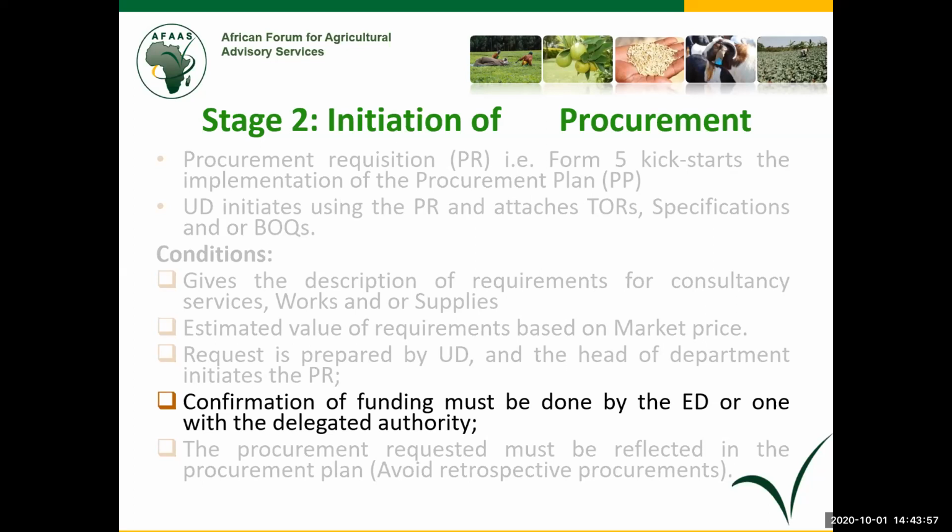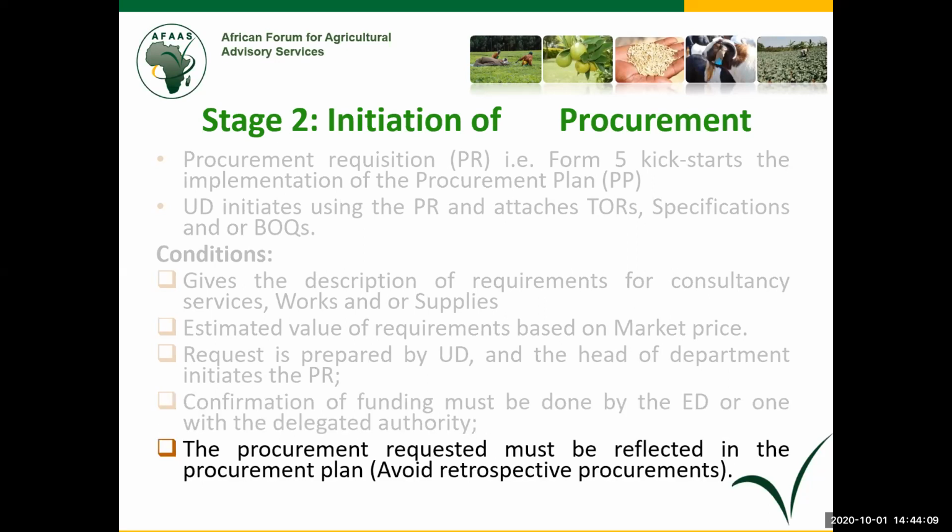So all users, whoever is filling a requisition, you tell us the activity code and the sub-activity to understand where to charge the money. Then the procurement requested must be reflected in the procurement plan to avoid retrospective procurement.